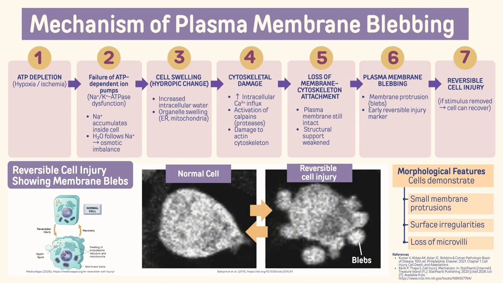Looking at the mechanism, it usually starts with ATP depletion. This failure leads to cell swelling and cytoskeleton damage. Eventually, the membrane detaches from the cytoskeleton, forming this bleb. Crucially, this stage is a marker of reversible cell injury, meaning if we remove the cause, the cell can still recover.